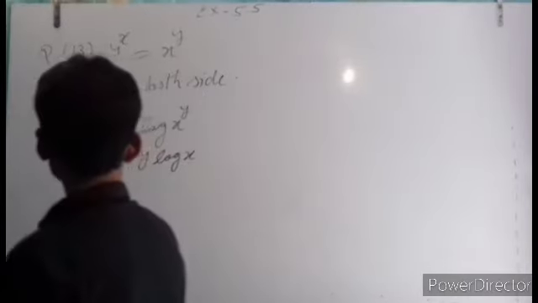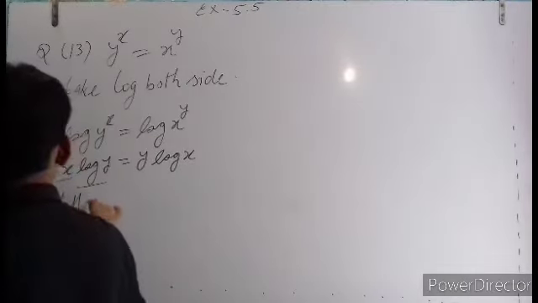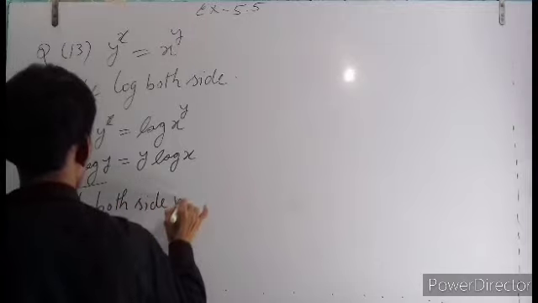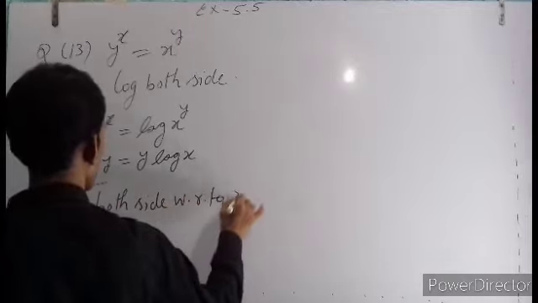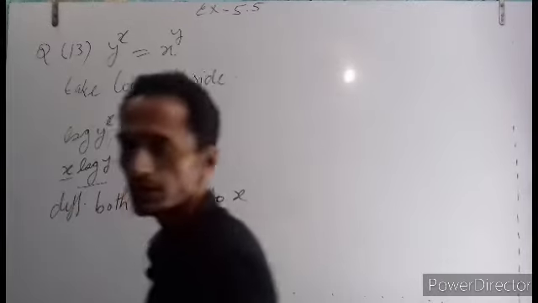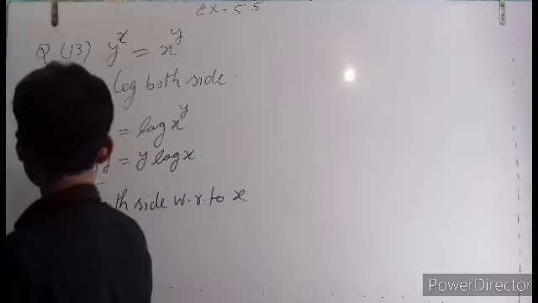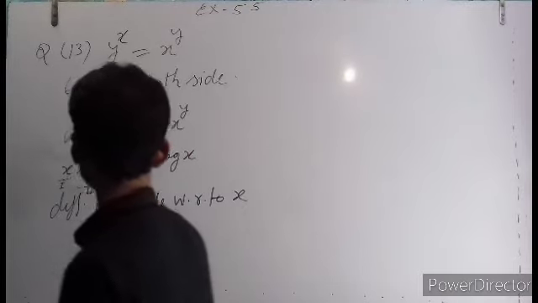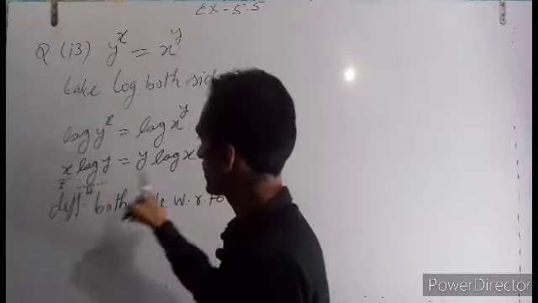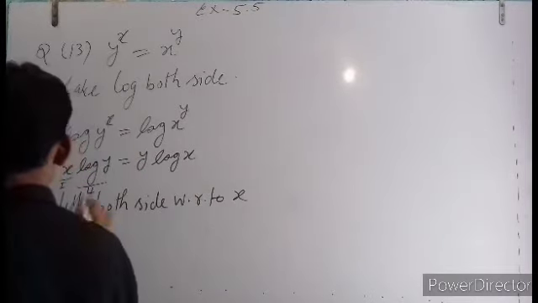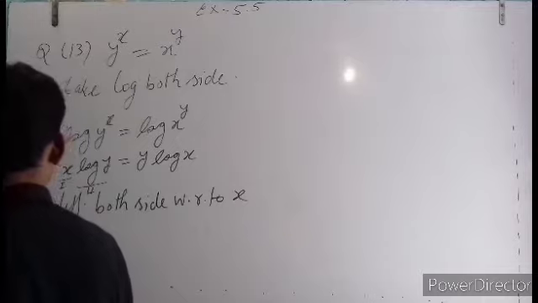So now differentiate both sides with respect to x by using the product rule. You can see x log y, that is the first function and that is the second, and similarly that is the first, that is the second. First, on the LHS: first as it is, differentiation of log y.